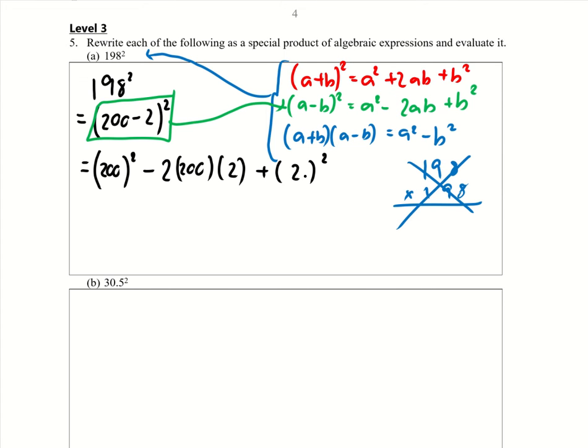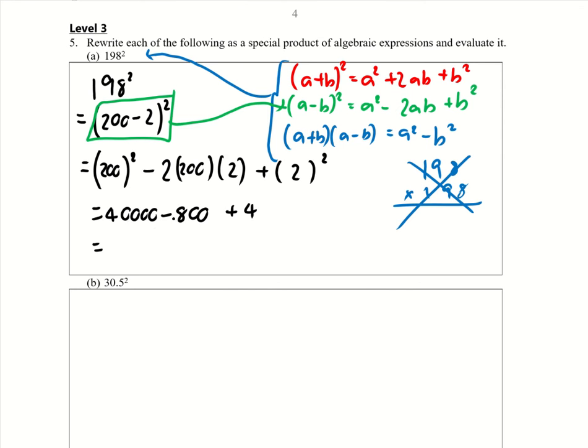So expanding this, how do I expand it? 200 squared is 2 times 2 is 4, then I have two zeros, so because it's squared, I add two more zeros, giving 40,000. Minus 2 times 200 times 2, so minus 800, plus 4. And this becomes a very simple sum to do mentally.